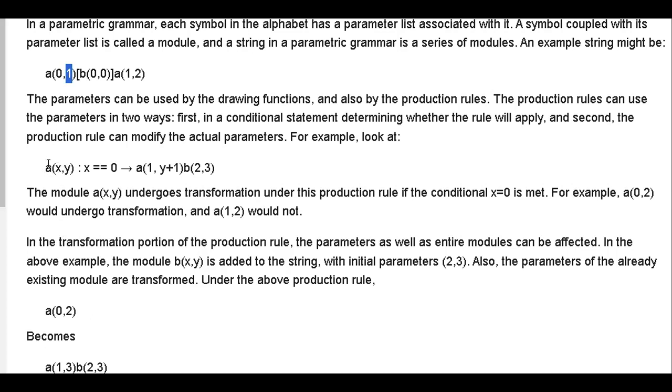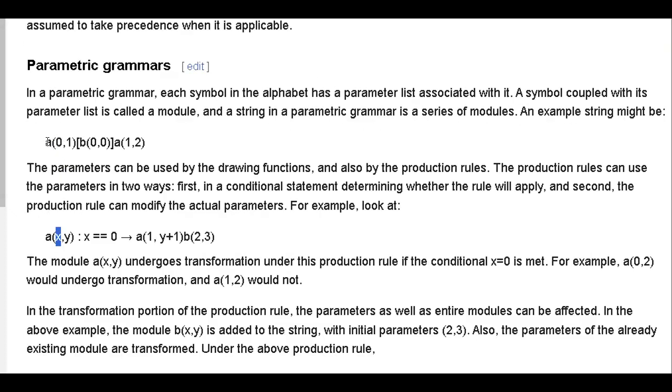So you convert symbol A whenever x coordinate is equal to 0. This symbol is accompanied with these parameters, x coordinate and y coordinate, right?